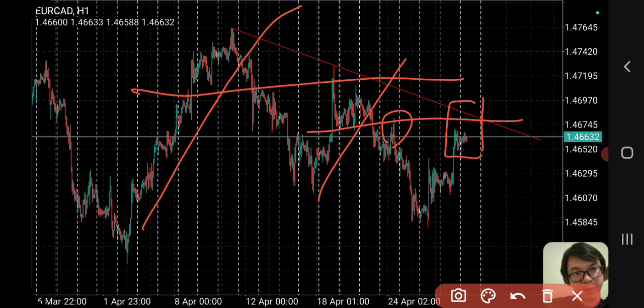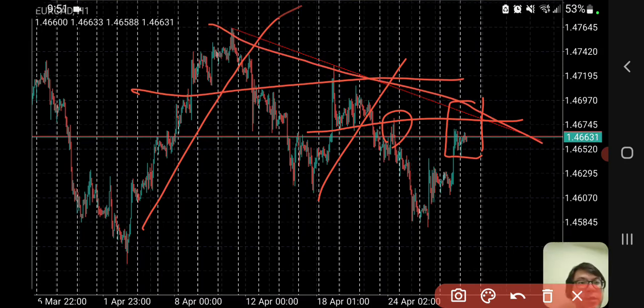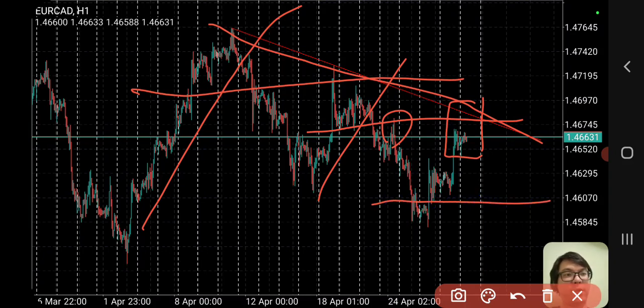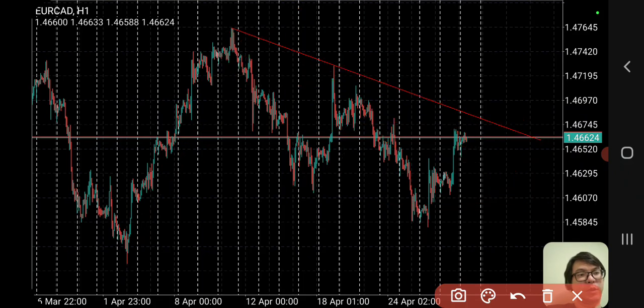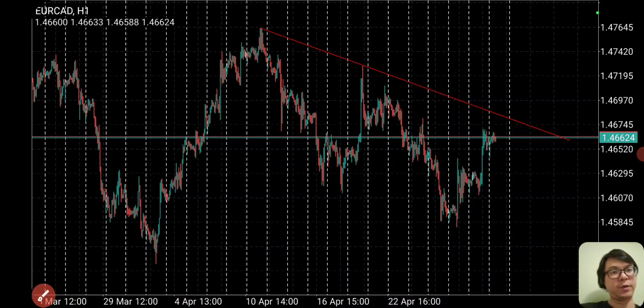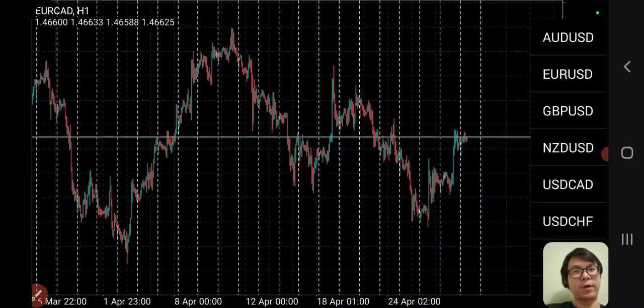So if we have a clear candle rejection, this could be a very good short trade because along with the trend line right here, it supports our setup for trading down. Okay, so waiting for a candle before London open. Let's see if this one can create some candlestick rejection on the downward side. Okay, let's keep moving to the next one.